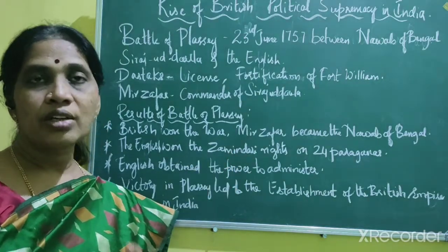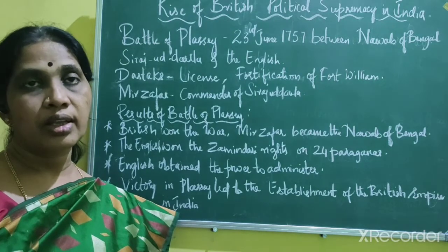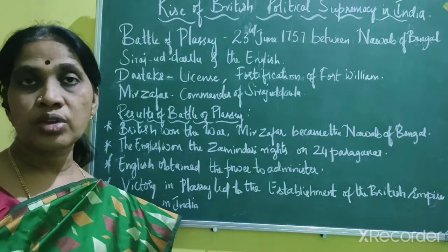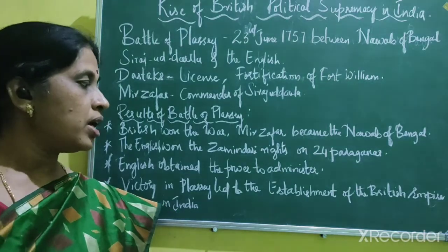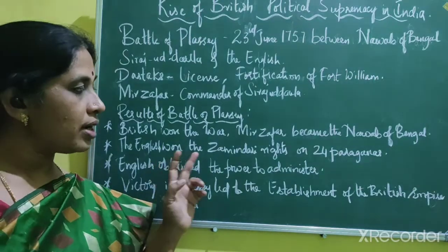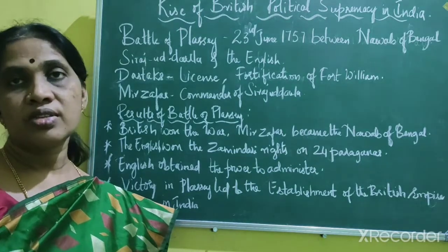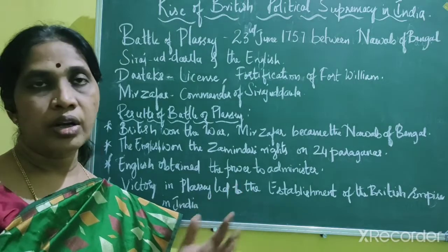According to the treaty signed between Mir Zafar and Robert Clive, after the battle Mir Zafar was supposed to give the 24 Paraganas to the British. Accordingly, after he became Nawab of Bengal, he granted 24 Paraganas to the British. Hence the business of the British prospered in the Bengal region.